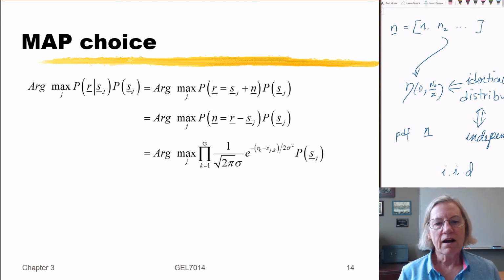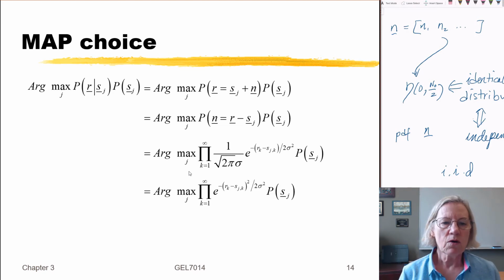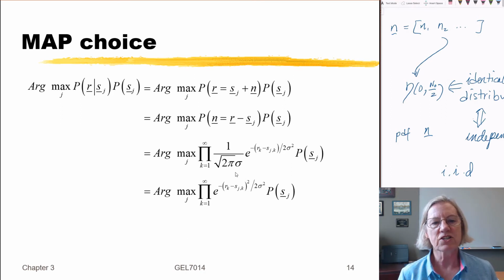Now we can write our previous results on what we know to be the density of the noise vector, and we see that we're going to have to maximize, and now we're going to deal with this fact that we have an infinite product. So although we have an infinite product, first of all, the maximization has nothing to do with this constant in front, so I can get rid of the constant in front, the same maximization here.